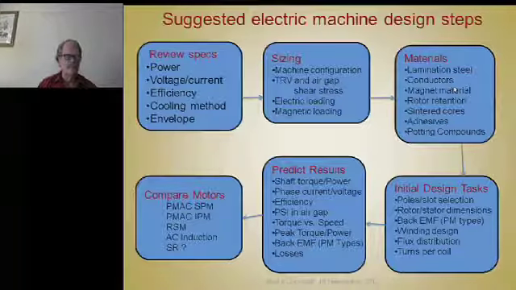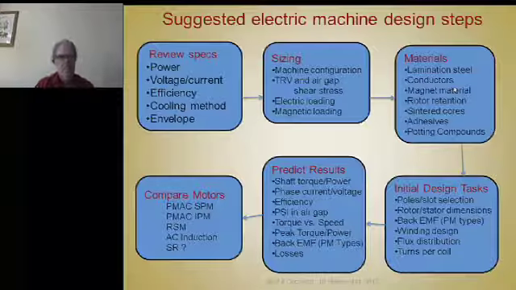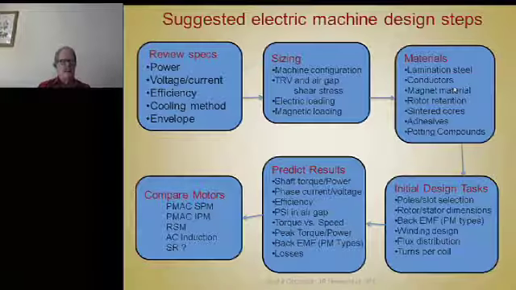Is this a continuous duty machine, intermittent duty machine? Traction applications are required to produce peak power for accelerating or hill climbing, things like that. So the characteristics of that are very important, particularly from the thermal aspects.